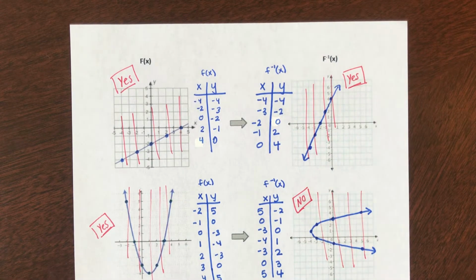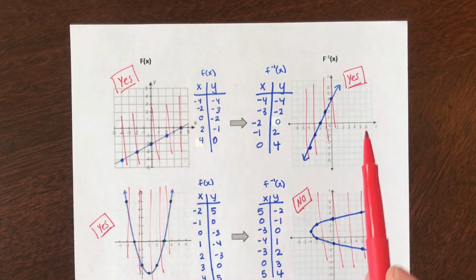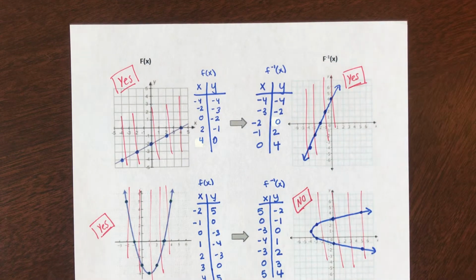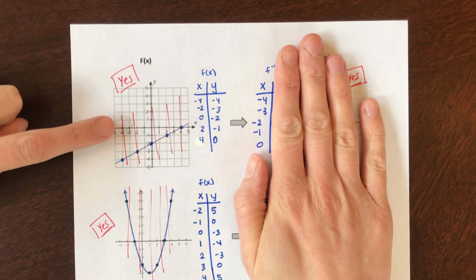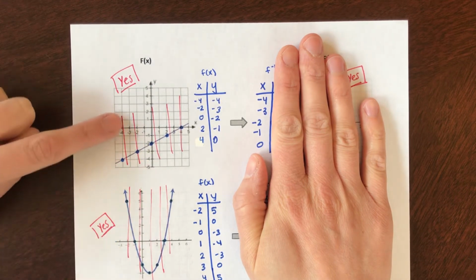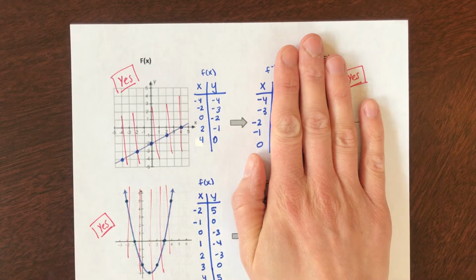So, this is kind of a lot of work. I don't really want to take points, flip my x and y values, and replot them just to do the vertical line test again. Instead, I don't even need to graph the inverse function. I can just determine if its inverse is a function by looking at the original graph and using what's called the horizontal line test.